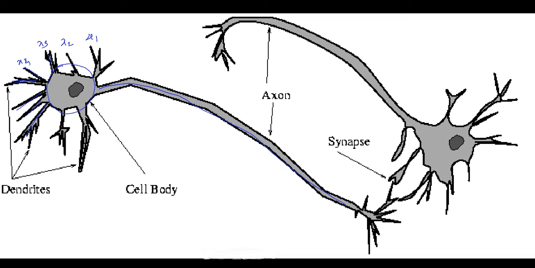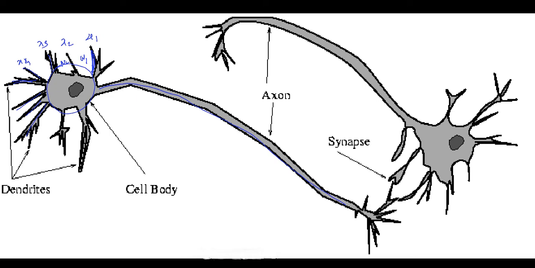We put weights on the dendrites, like let's say x1 is connected with weight w1, x2 is connected with weight w2, and so on. The more the importance of the input, the more the weight, or the thicker this dendrite becomes, depending on the importance of this input.